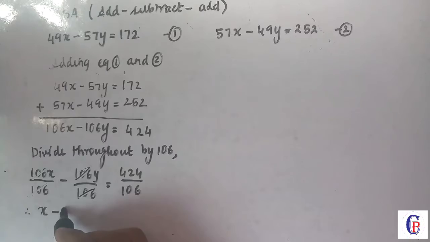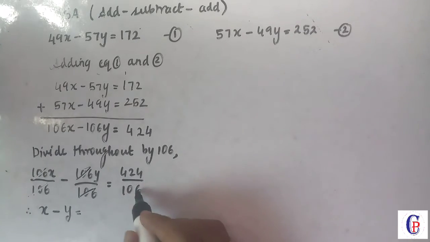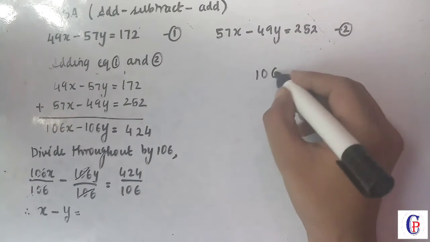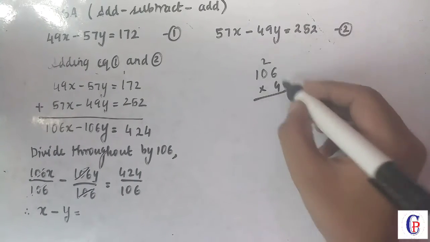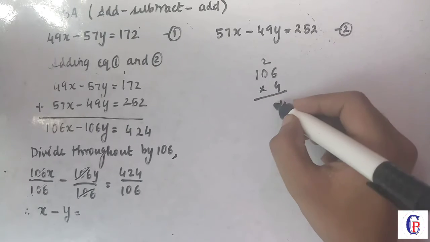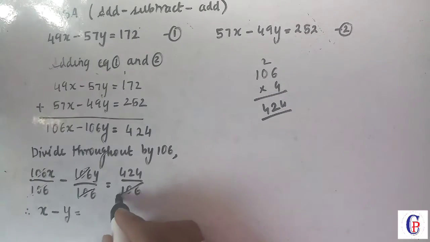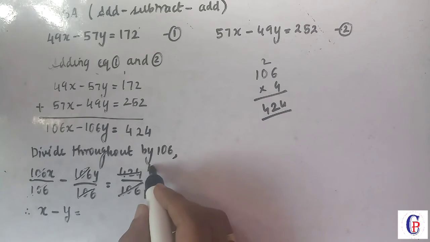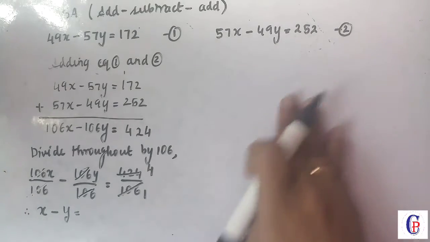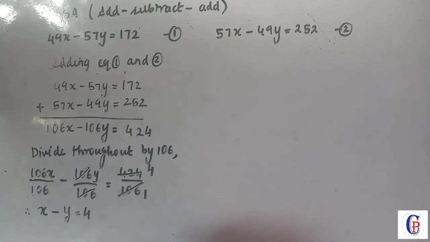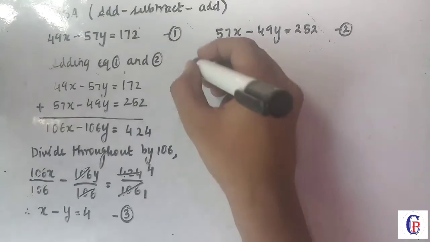Again 106 will get cancelled, y, and 424 upon 106 is 4 times, right? 106 4s are 424. So we get x minus y is equal to 4, and now this becomes our third equation.